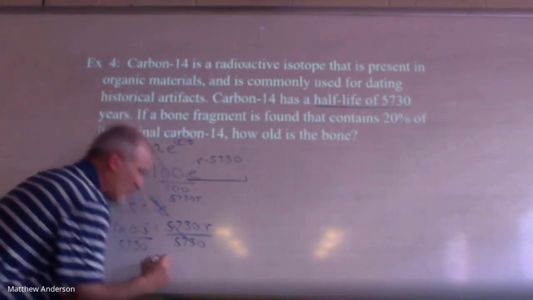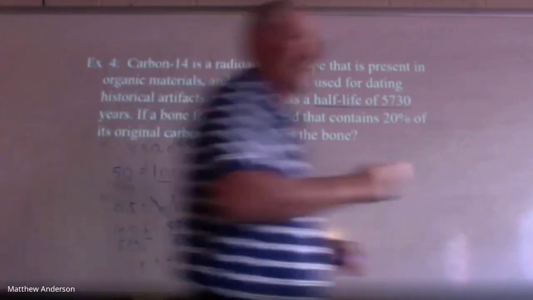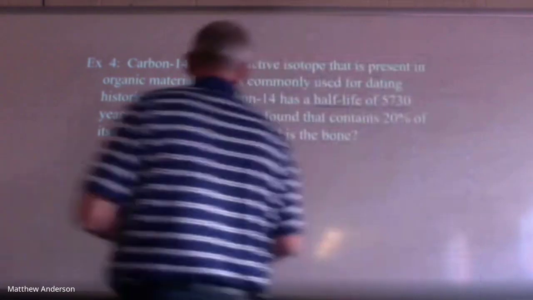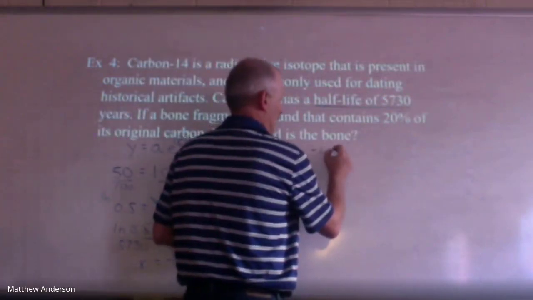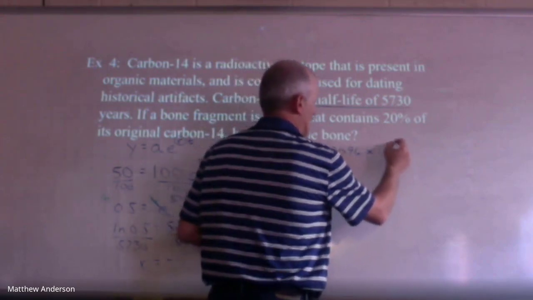Negative 1.2096. Is there an E after your number at the end or something like that? Yeah, that times 10 to the negative 4. So tell me that number again. 1.2096. And then her calculator actually says times 10 to the negative 4th.